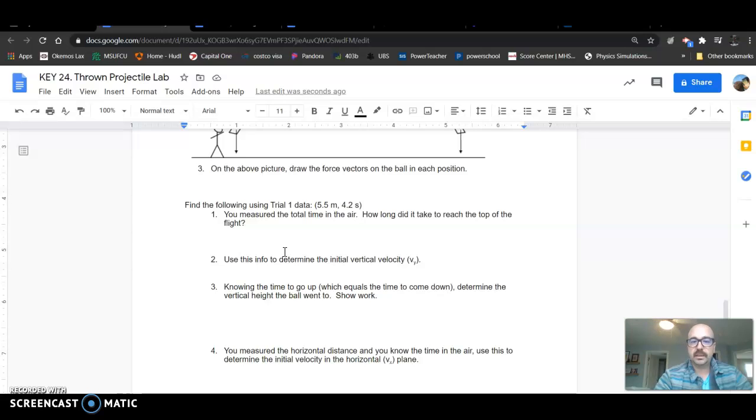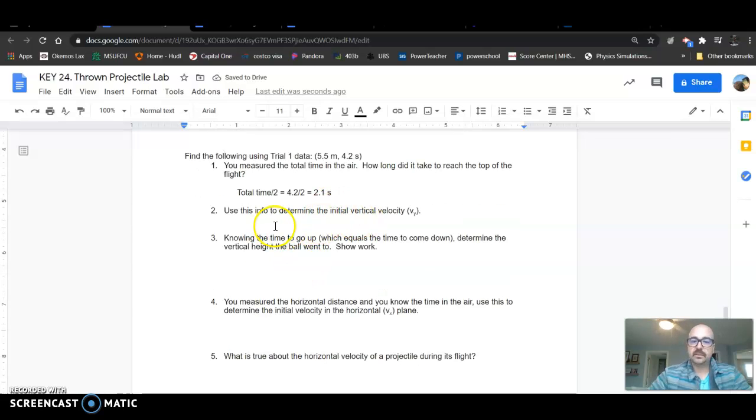So total time in the air, to get to the time to the top, we would take total time divided by 2. So half of that time. So in this case, I'm doing 4.2 divided by 2, which equals 2.1 seconds.